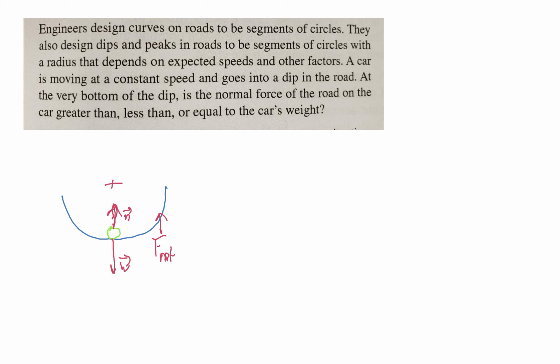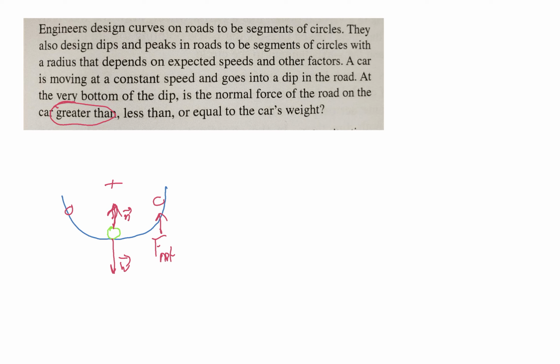And if that's the case, then to answer the question, is the normal force of the road on the car greater than, less than, or equal to the car's weight? The normal force must be greater than in order to give us this F net up, okay? Now, if the car was over here, totally different story. It's at that exact moment in time that the normal force is pointed up and the weight is pointed down.